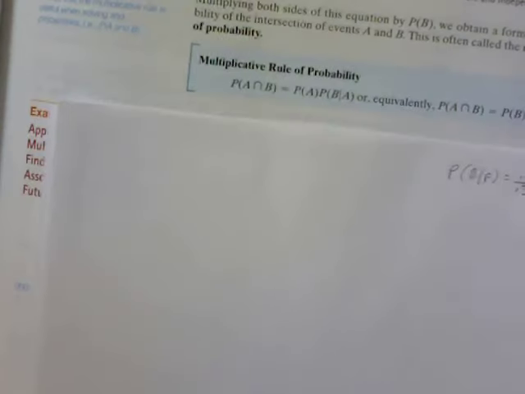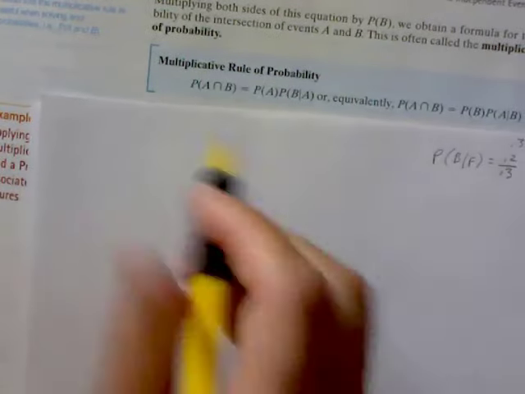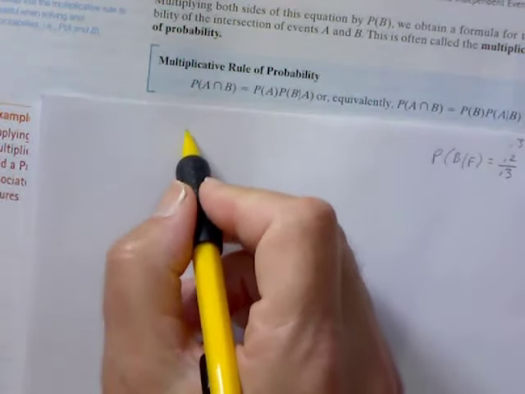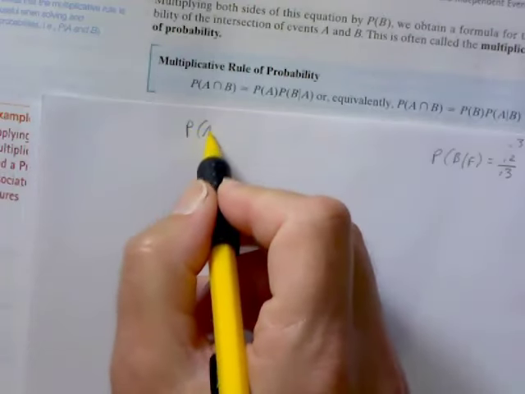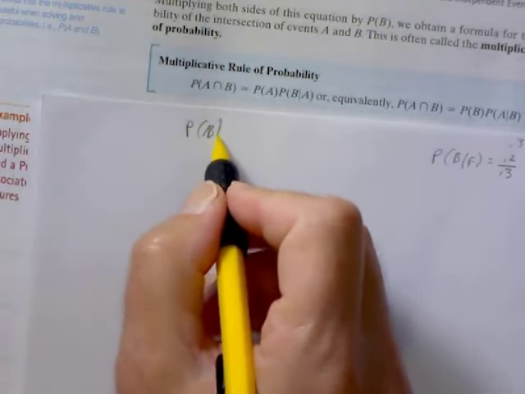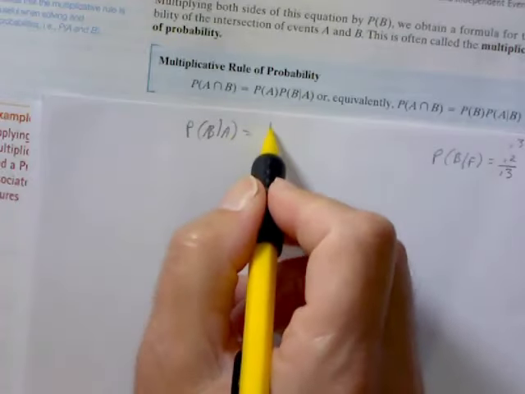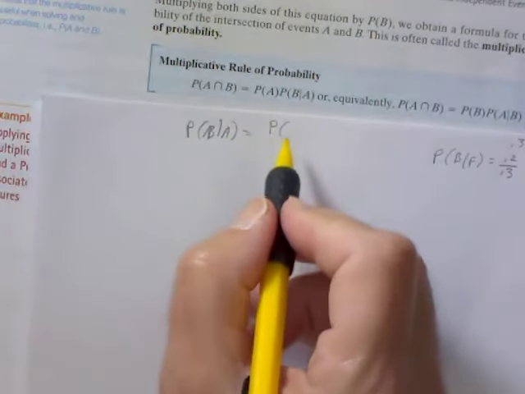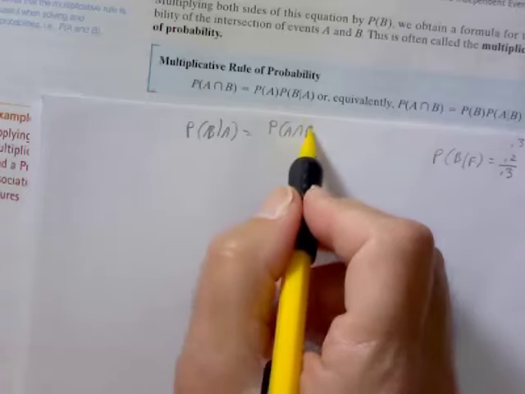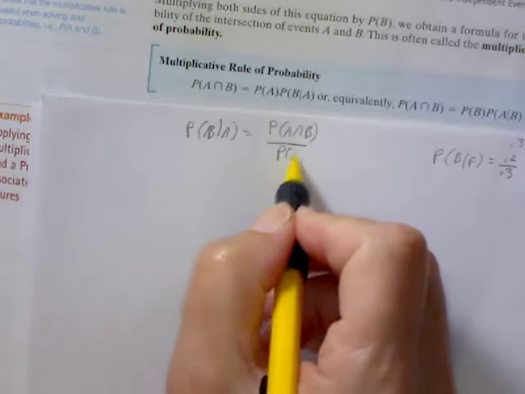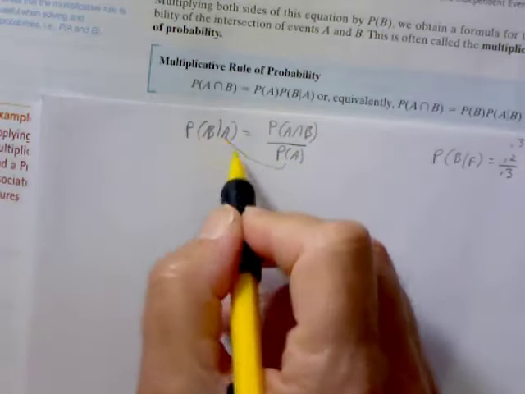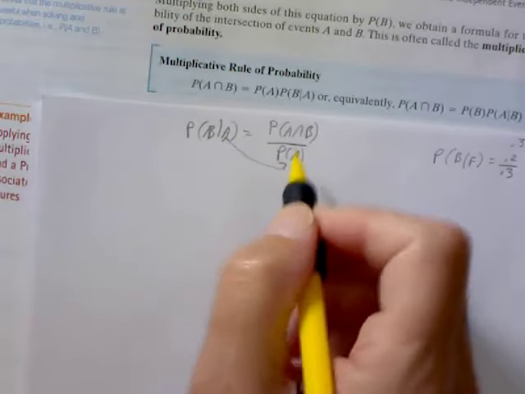Now this multiplicative rule is simply taking this equation here, probability of B given A is equal to probability of A and B divided by the probability of A. So that A and that A, they go together.